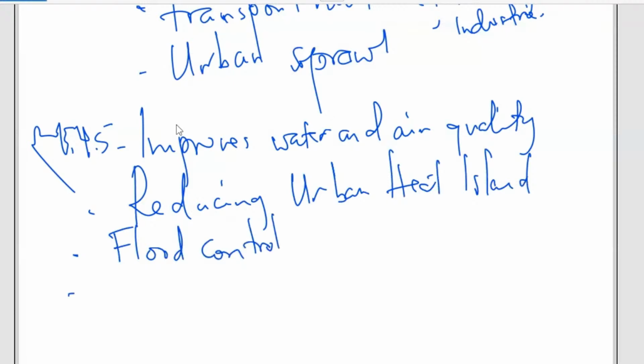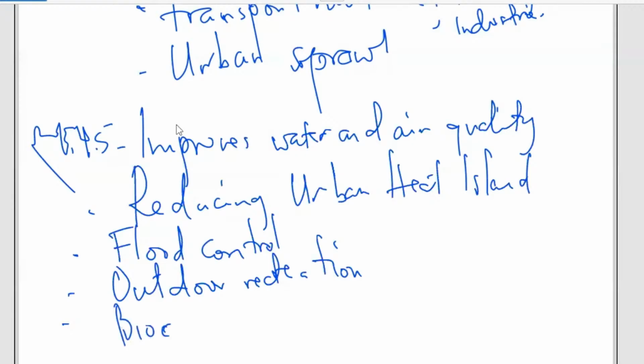You can also use that for outdoor recreation, and also for the sake of biodiversity. Those are some of the reasons that you can use to justify the importance of green belts in urban areas. Right, moving on to the next question.